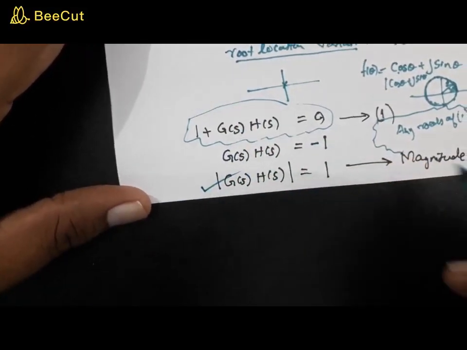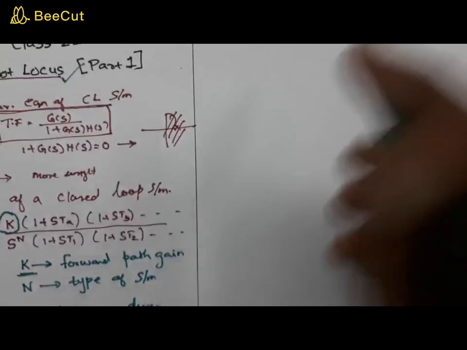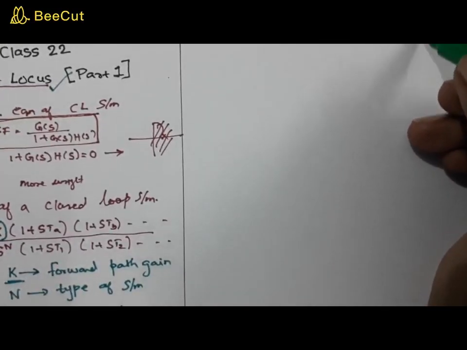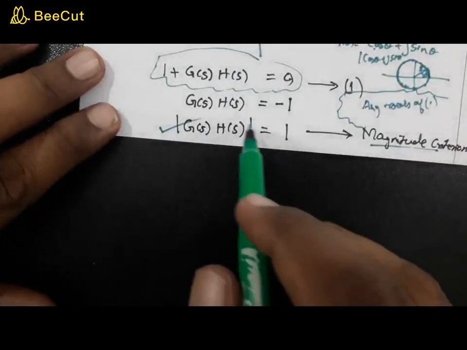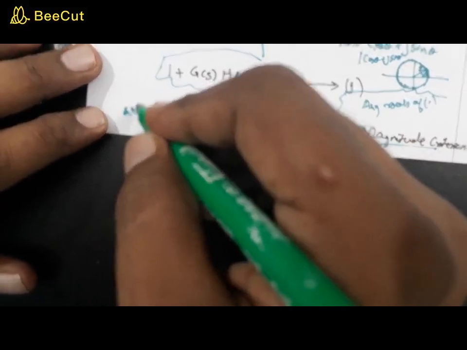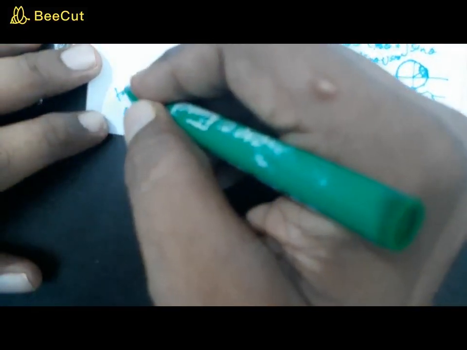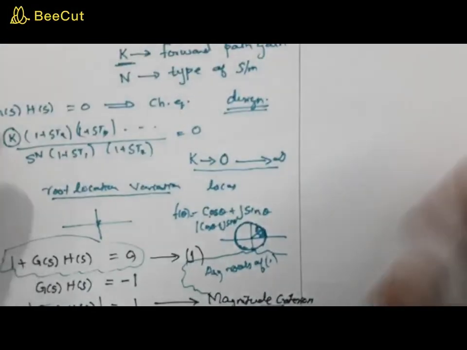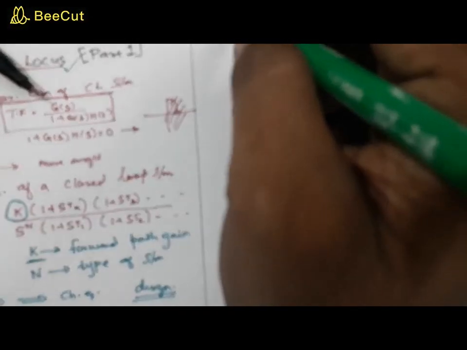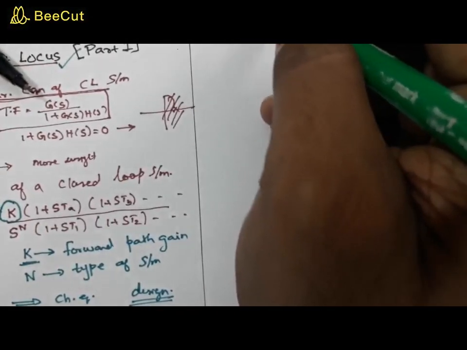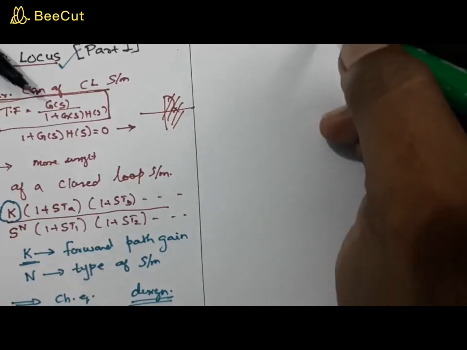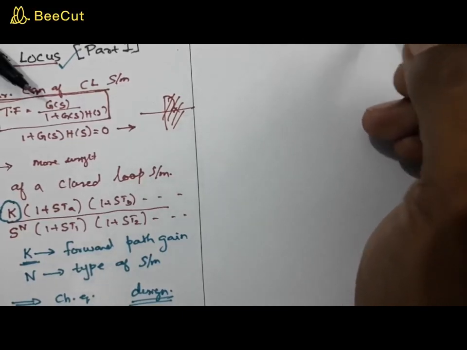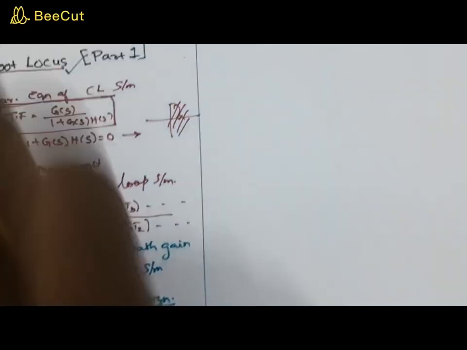Similarly, you have another criterion called the angle criterion, and the angle criterion is nothing but you have to take the angle of this. That is, if you have a plus jb, then the angle is tan inverse b by a. So the angle of G(s)H(s) has to be equal to (2k plus 1) into 180 degrees, where k varies from 0, 1, 2, etc. So this must be the angle.